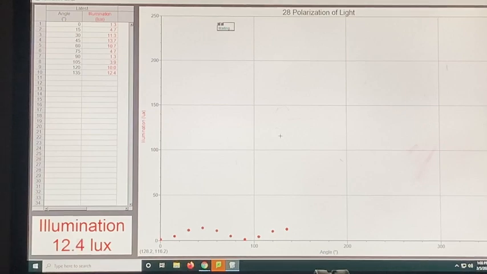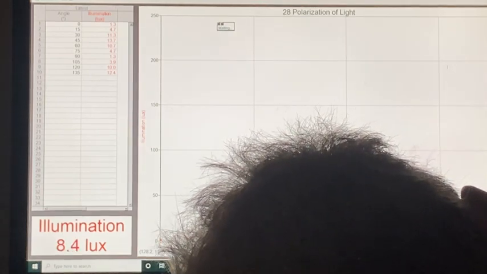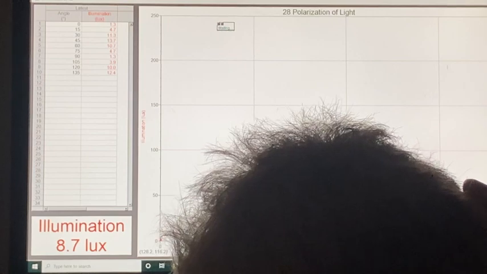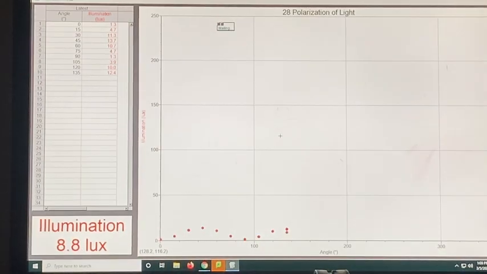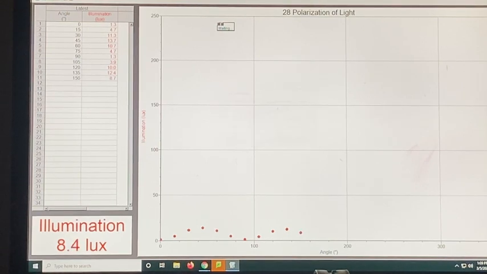Then we'll go to 150, almost getting done, and then 165.